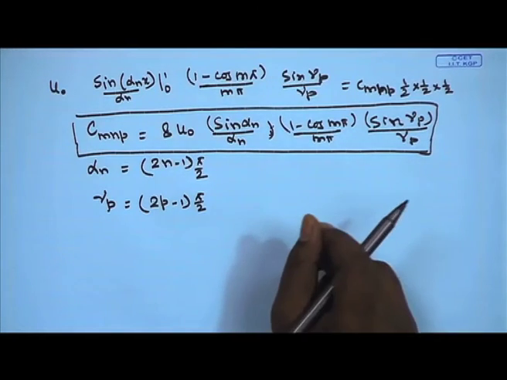So, depending on the type of boundary conditions that are prevailing in the governing equation, one may land into sine functions or cosine functions as the eigenfunctions, and various types of eigenvalues that we have come across. If the Dirichlet boundary conditions are prevailing on both the boundaries, then the eigenvalues will be n pi.